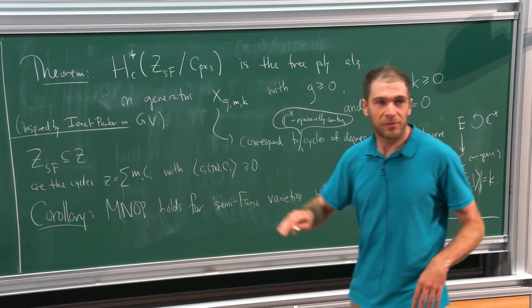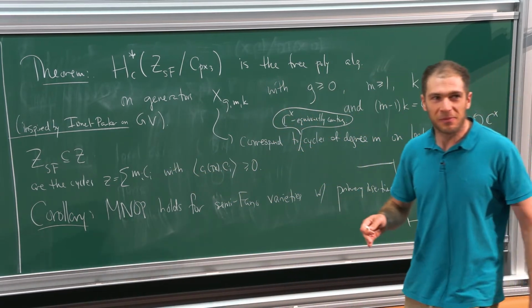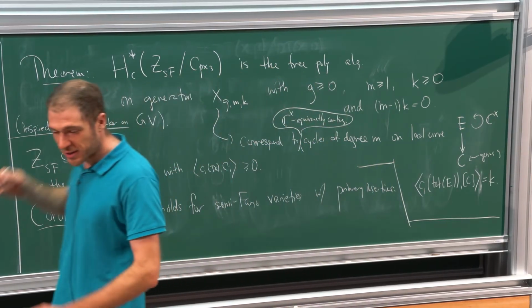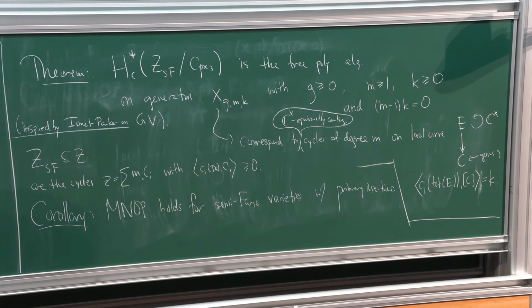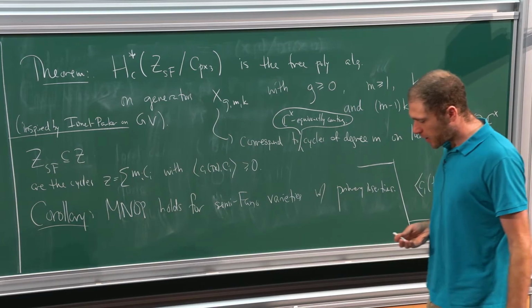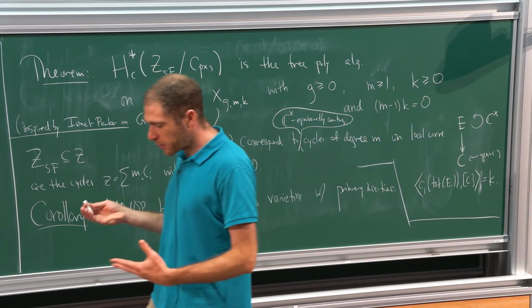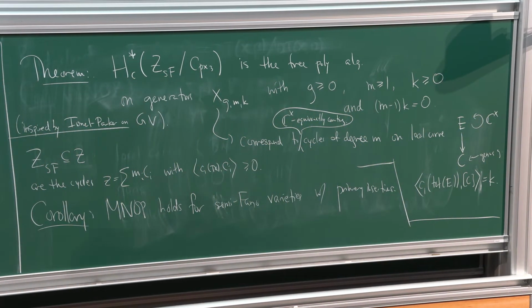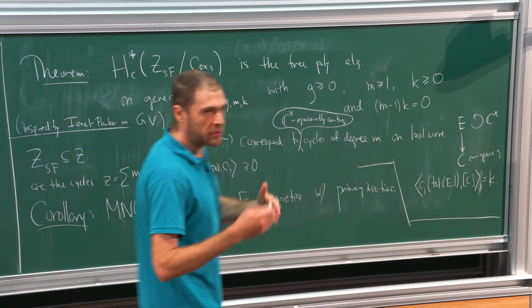Gopakumar-Vafa are the authors who conjectured this integrality statement for Gromov-Witten theory. Ionel and Parker proved the statement, but if you read their paper, you realize they don't actually prove this. They prove something much better: that enumerative invariants of symplectic Calabi-Yau threefolds are determined by what they do on local curves.